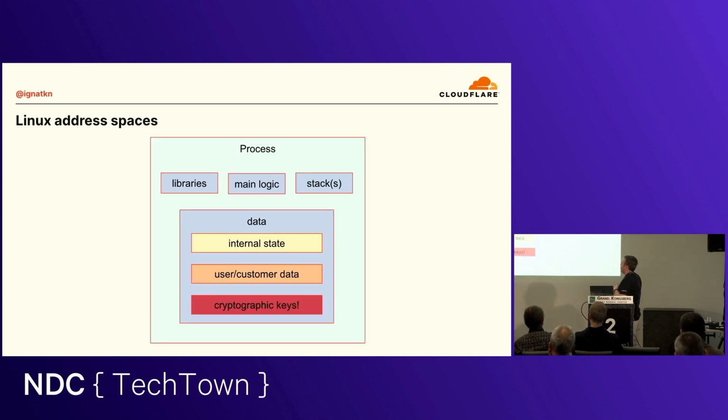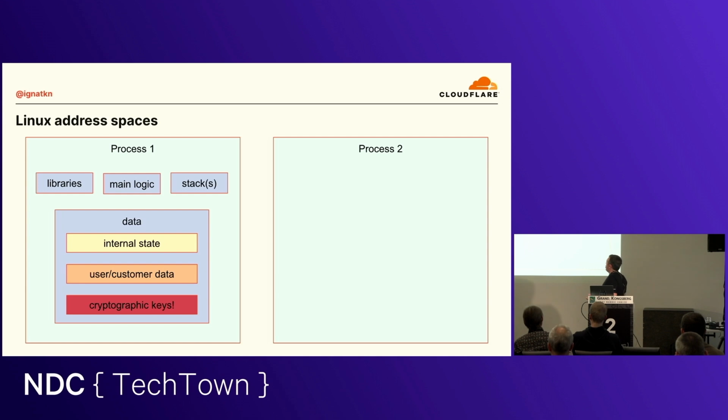What can we do? We probably can solve it generically for the whole data section, but we can piggyback on the idea of address space separation and do something better for cryptographic keys. We can break our process into two processes.